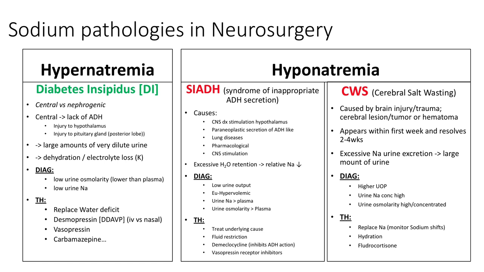Vasopressin also is an analog, so it also has a partial affinity towards this receptor, and can, not as impressive as desmopressin, but also has an effect there. Carbamazepine also has been described as a medication which can positively treat DI.